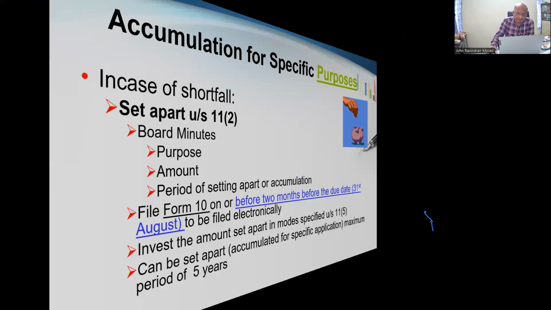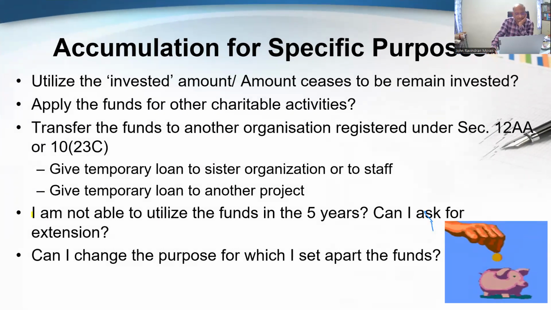So instead of that, keep this money in fixed deposit. Otherwise you utilize the money without realizing, or the amount ceases to remain invested. What happens? Let's say you're keeping this money in a savings account. There was an urgent need.